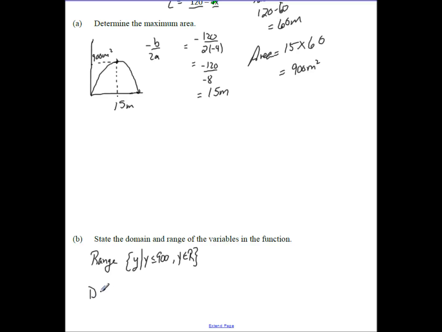The domain is going to be from here to there.